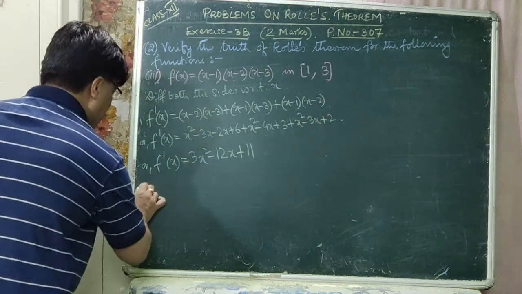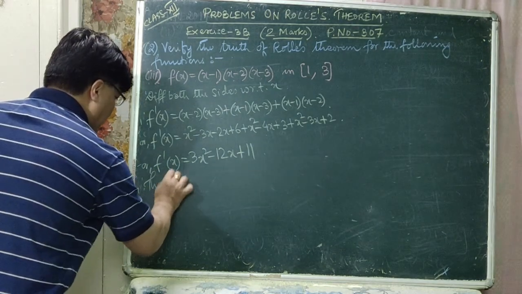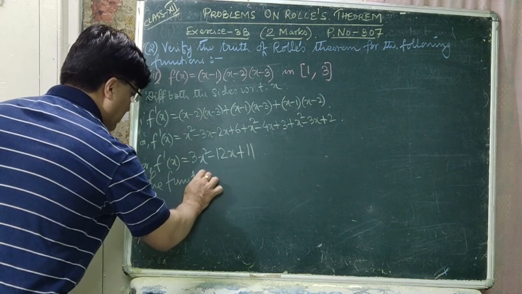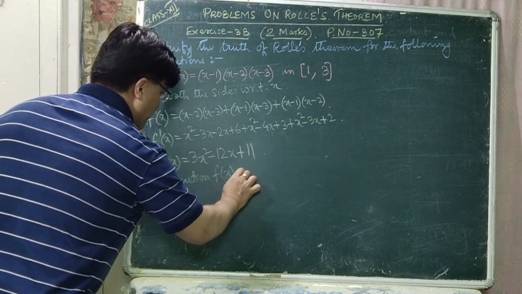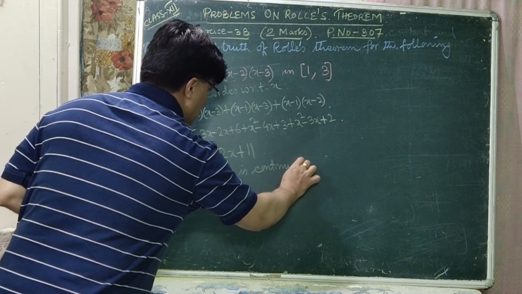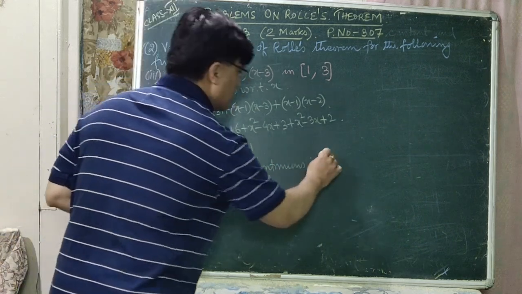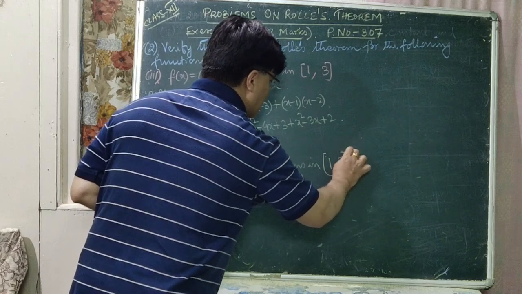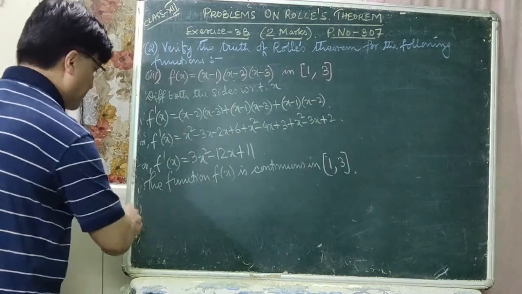So here you can write, therefore the function f of x is continuous in the closed interval. How can you write down the closed interval? Within third bracket it is 1 comma 3.